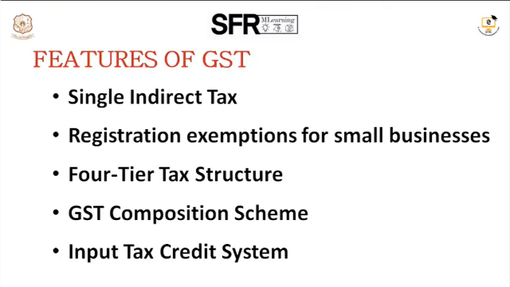So, next we shall see some of the features of GST. To start with, we all say that GST is a single indirect tax, or we can say one tax, one nation. So, what does that mean? GST is a single unified tax which is a combination of value added tax, excise tax and service tax.